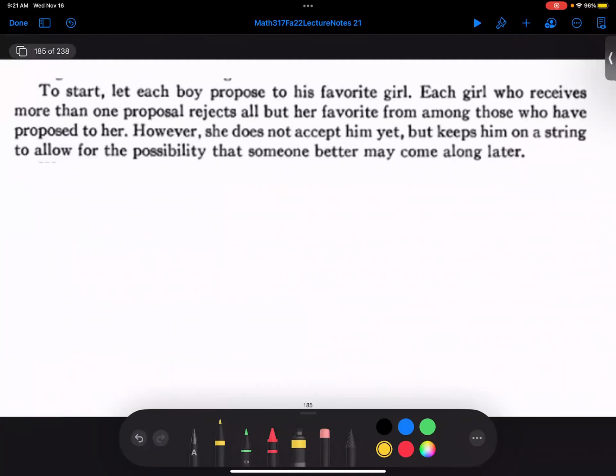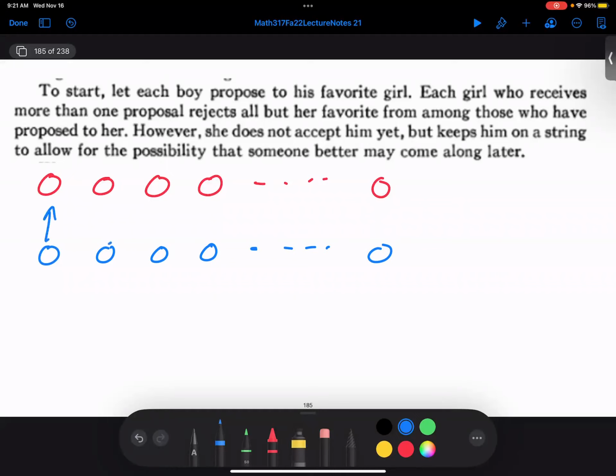All right, so step 1, let each boy propose to his favorite girl. Each girl who receives more than one rejects all but the favorite. And so, for instance, here's the women, say, and here are some men, and the men are proposing. And so in step one, maybe we have something like this. I'm trying to think of what might be the worst possibility.